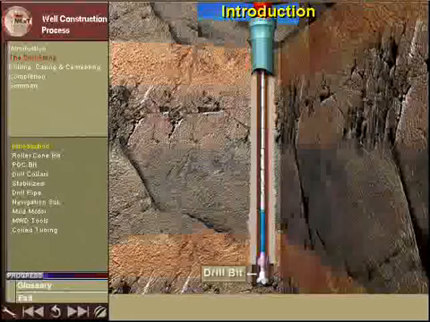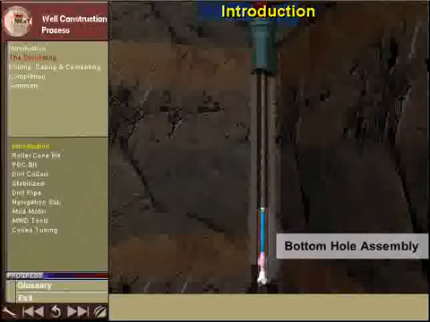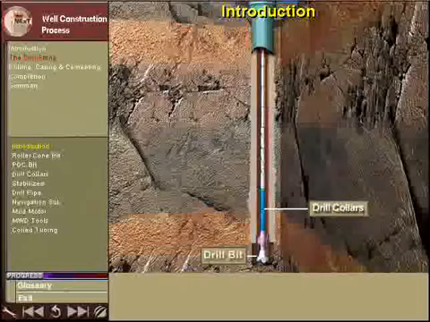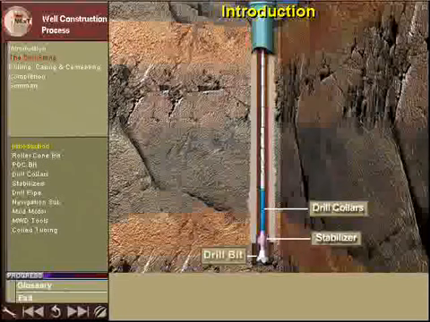the drill string. The portion of the drill string above the drill bit is known as the bottom hole assembly, or BHA. The BHA is made up of drill collars, which make up the major part of the BHA, stabilizers, which are placed strategically in the bottom hole assembly, drill pipe, which makes up about 95% of the length of the drill string.